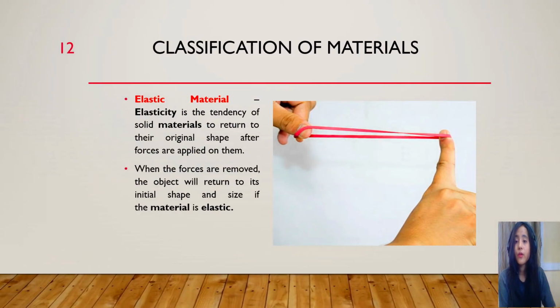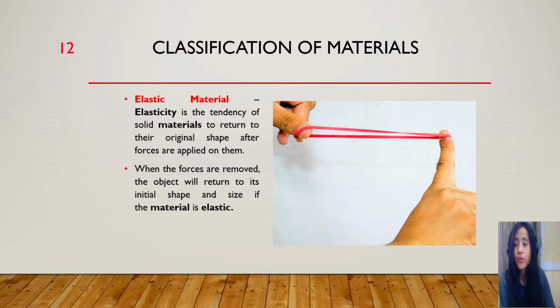So first, let us know the different classifications of material. A material can come under many different classifications, such as elastic, plastic, and ductile material.